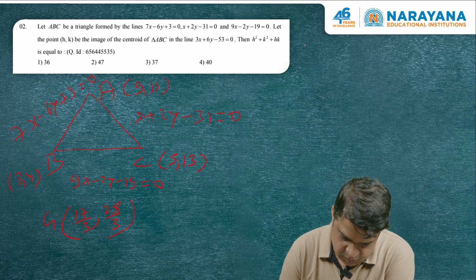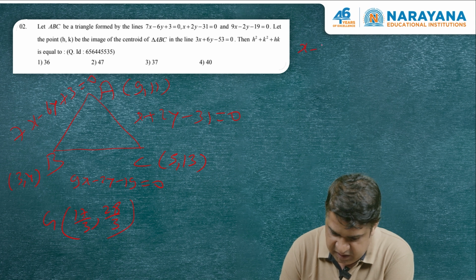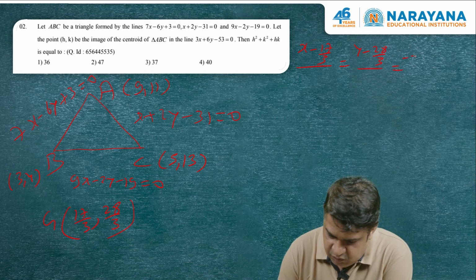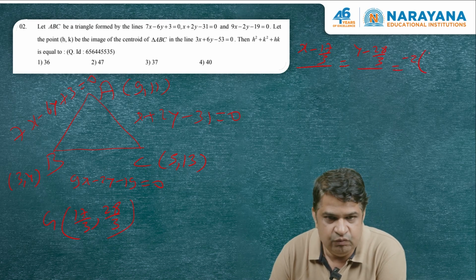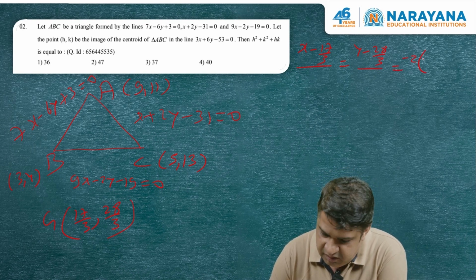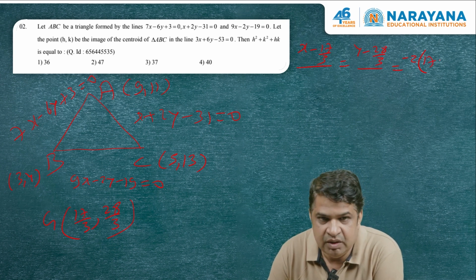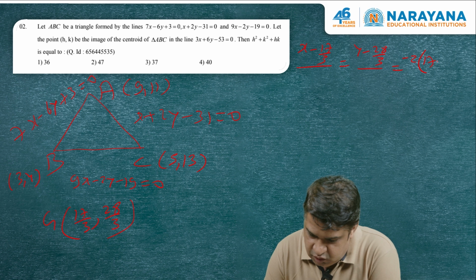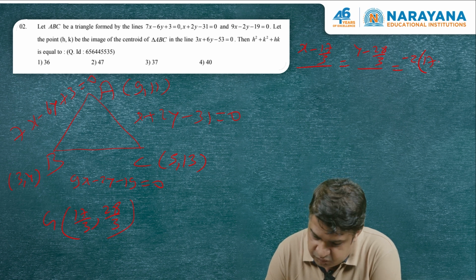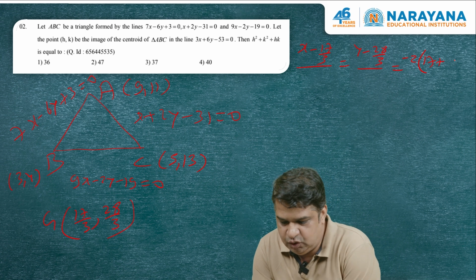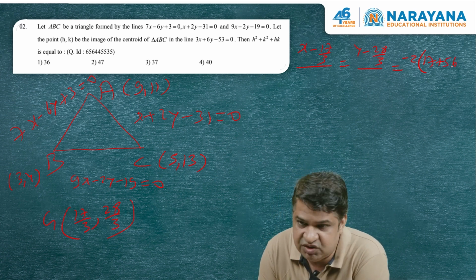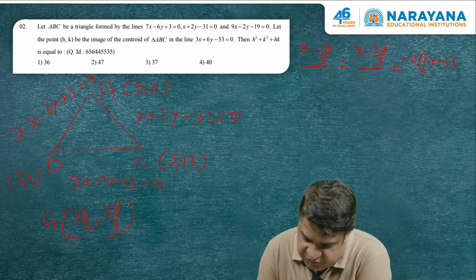If you use that formula, it will become x minus 17 by 3 equals y minus 28 by 3 equals minus 2 times. We have to put the coordinates in the given line, that is 3 into 17 by 3 plus 6 into 28 by 3. 6 into 28 by 3 means 28 into 2, so it will become 56 minus 53.